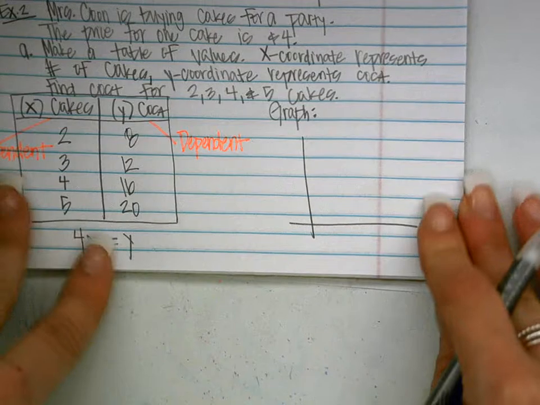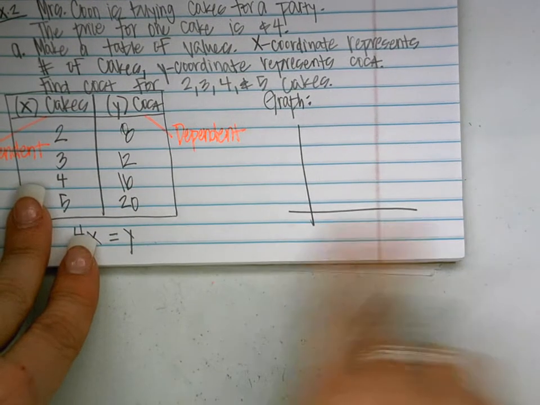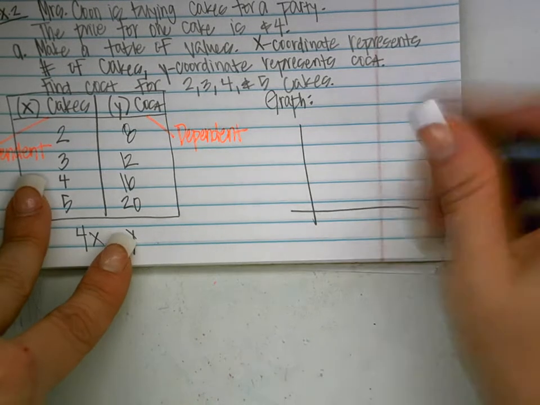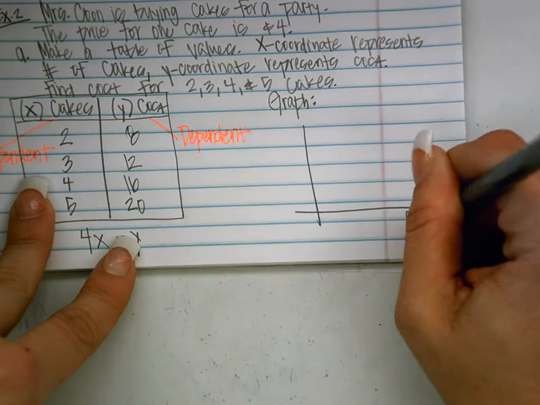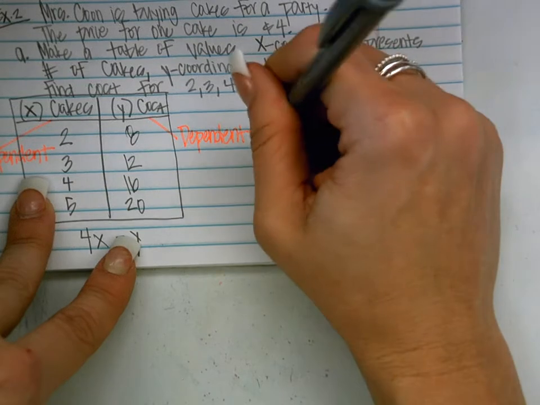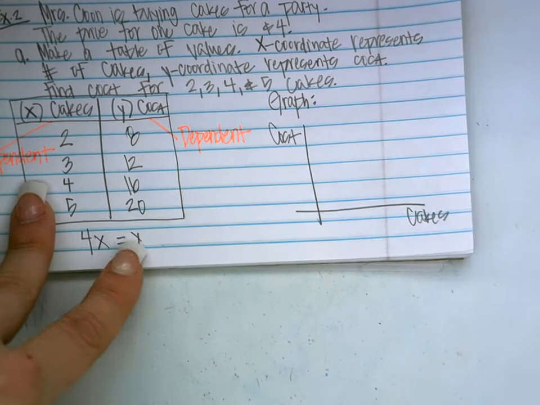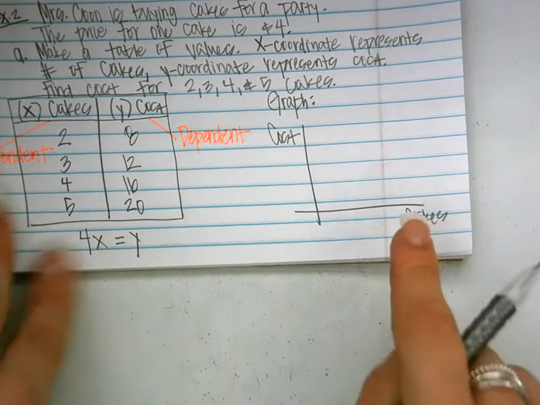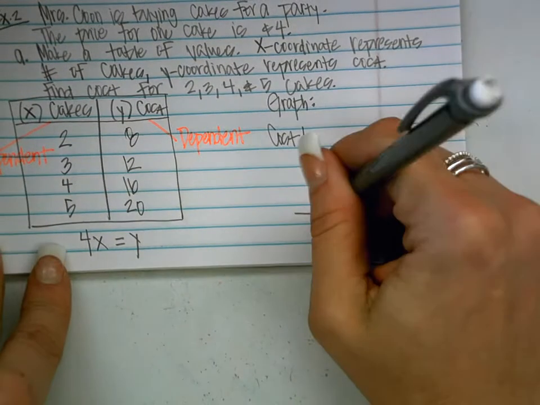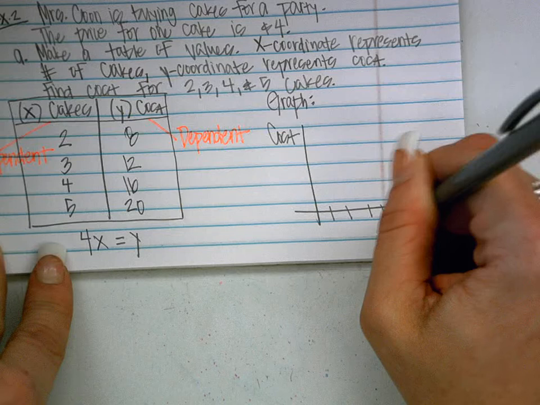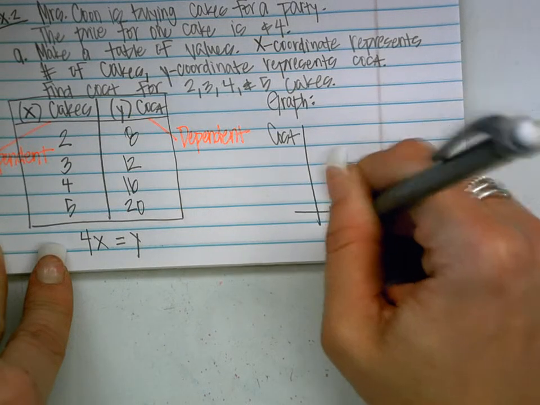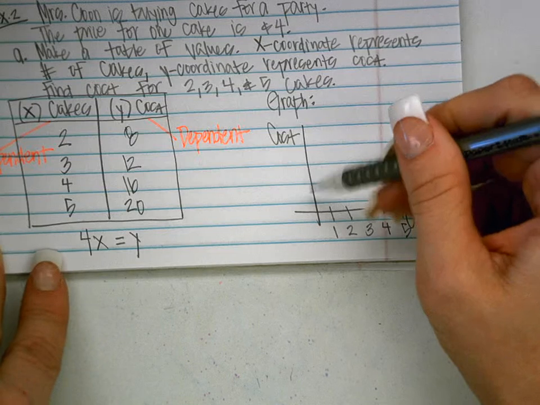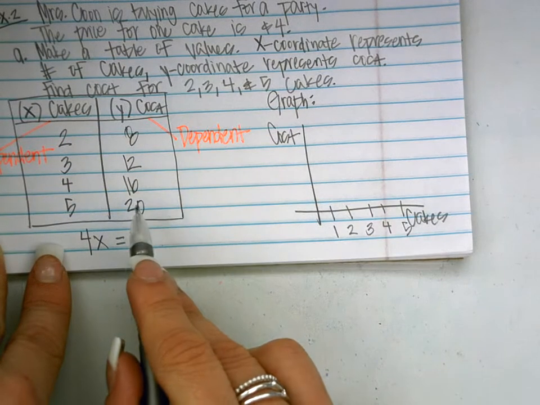So here, which part should go on the bottom, on the x-axis? Is that the number of cakes or the cost? Number of cakes. And the y-axis should be the cost. Okay, so for number of cakes, how many dashes should I do here? 5. Okay, so 1, 2, 3, 4, 5. And I'm going to label these. And then, do I want to do 20 little dashes for costs?